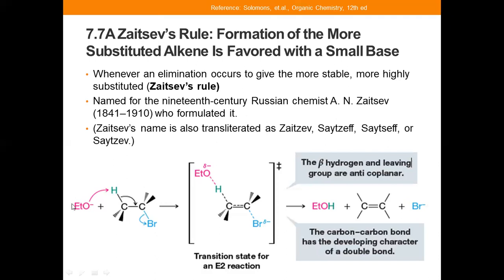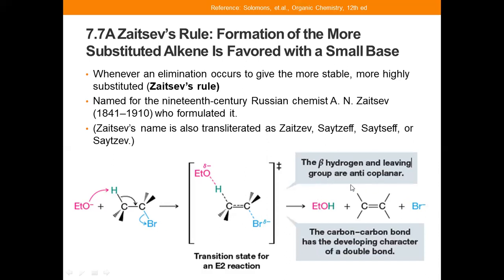When you have a base that abstracts a proton, since the base forms a bond with the proton, the bond between carbon and hydrogen will not be useful for the proton anymore. It will give its electrons to the double bond, and once the double bond is formed, the carbon at the bromine also leaves, and this is the transition state for the E2 reaction.